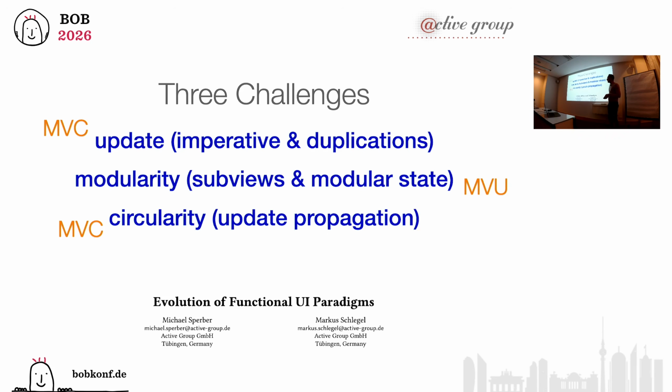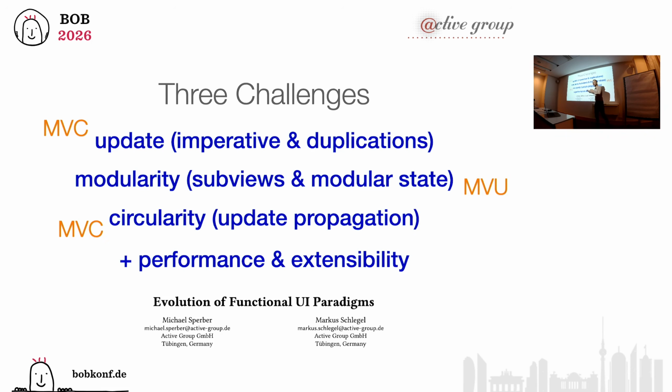So I actually want to add 2 more, namely, doing this well isn't enough. You actually have to really care about performance for bigger apps, for multimedia apps. Minimizing updates, super important. And extensibility, because not only are these frameworks gigantic, they are also too small.